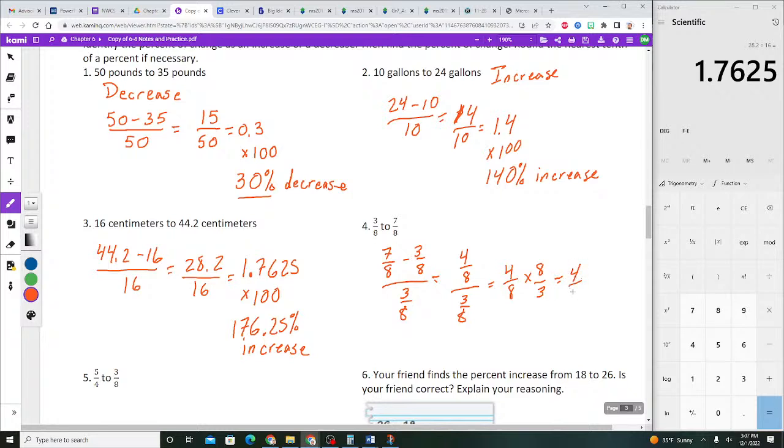So that's 4/3. And 4 divided by 3 is 1.3 repeating. So I'm going to write 1.333. That's a decimal, so we're going to multiply by 100, and that gives us 133 and a third percent increase.